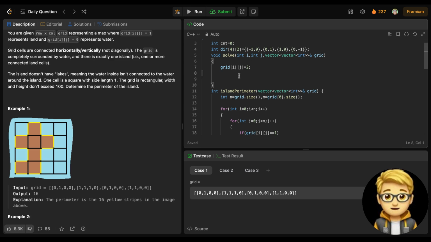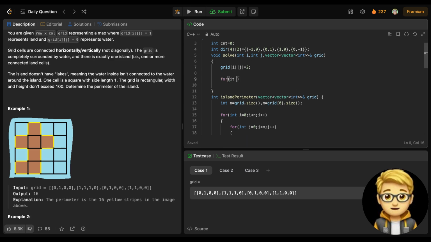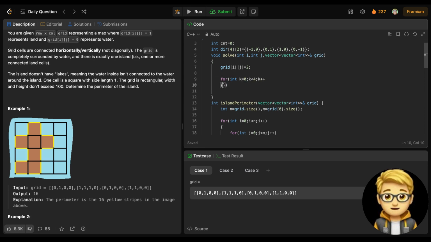Now I will move in this direction, 0 to 4, k plus plus, and I will move in all the four directions.